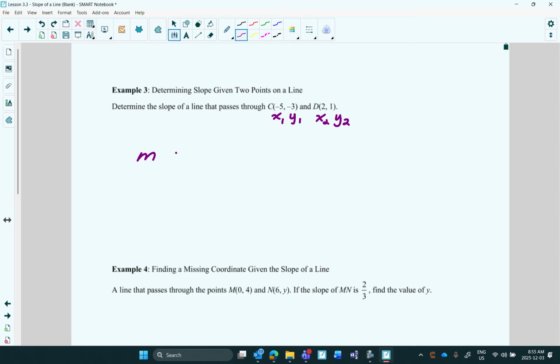So the slope, little m, is going to be the second y, minus the first y. So it changes to positive, right? Over the second x, minus the first x.